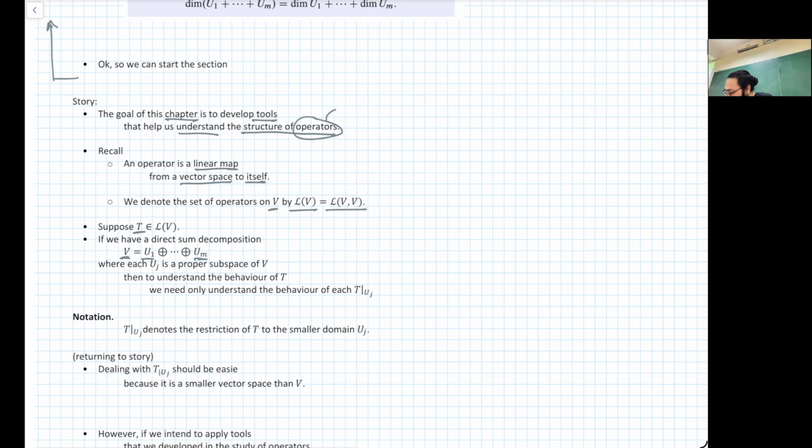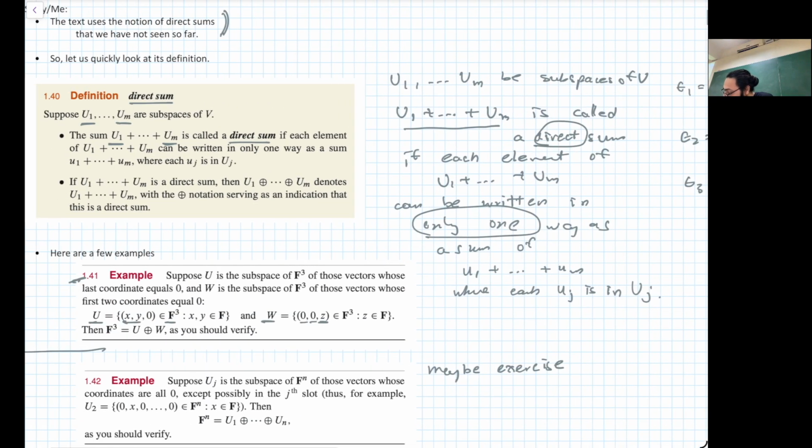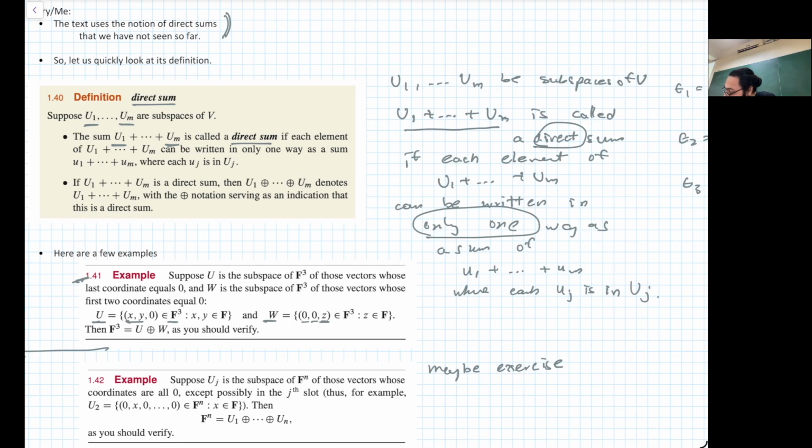Did I not introduce the ⊕ notation? Sorry, I forgot to mention one thing. We were using this plus notation for defining the sum of vector spaces. This we already saw in one of the previous chapters, that you can write this sum.